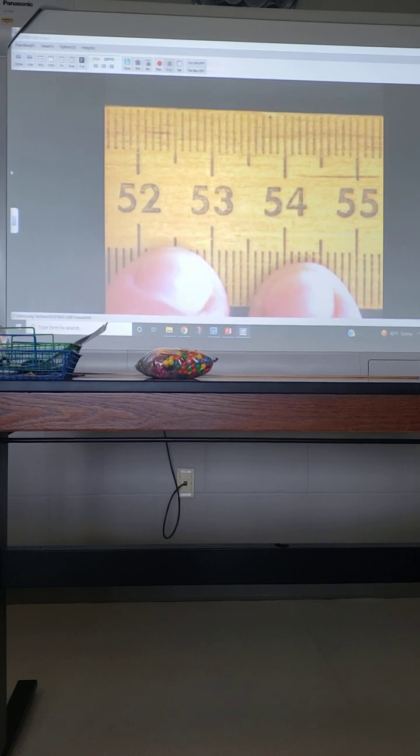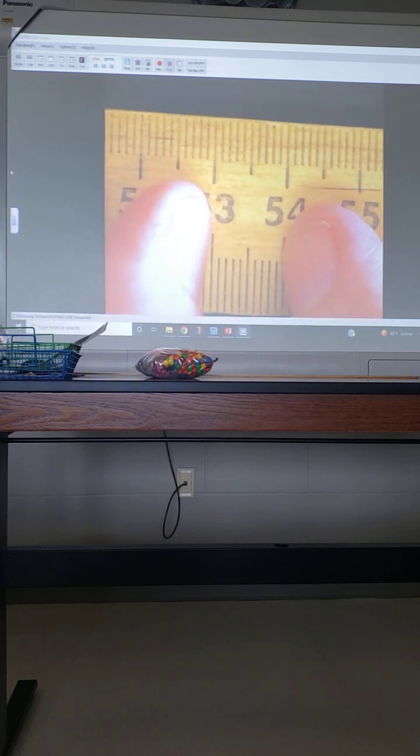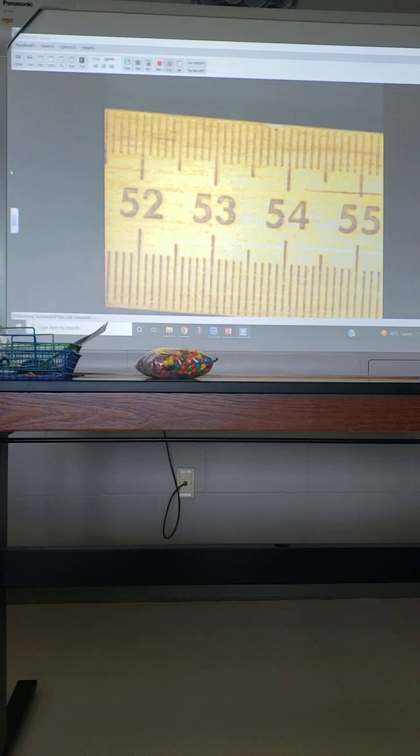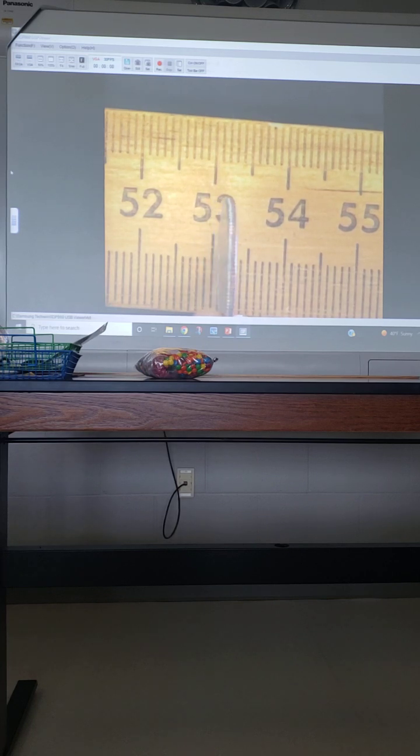So between 53 and 54, if I break that into 10 equal pieces, each of those spaces is worth 1/10 of the centimeter. And the 1/10 of the centimeter is the same thing as the thickness of my dime. So if I have 10 dimes, that should be about as big as a centimeter.